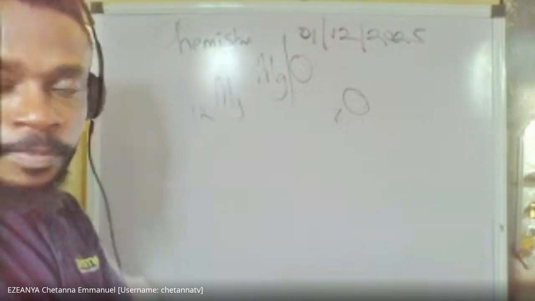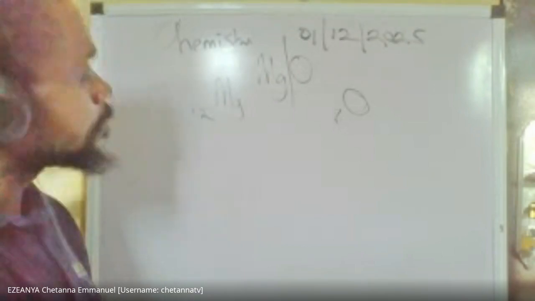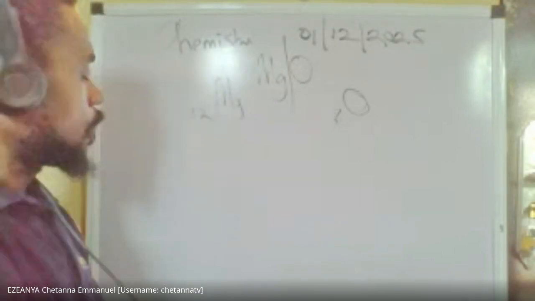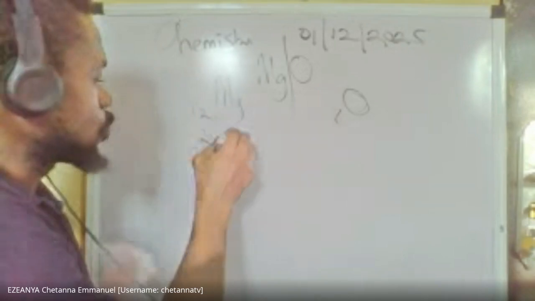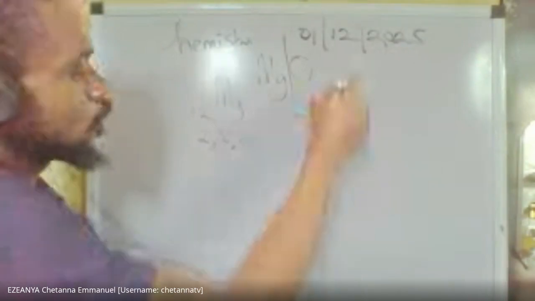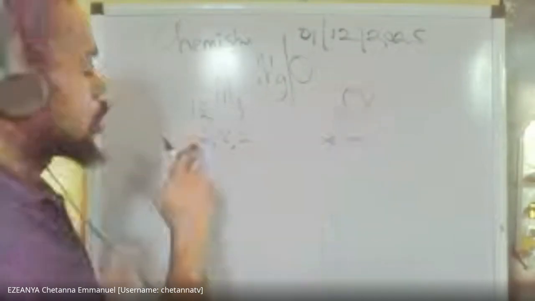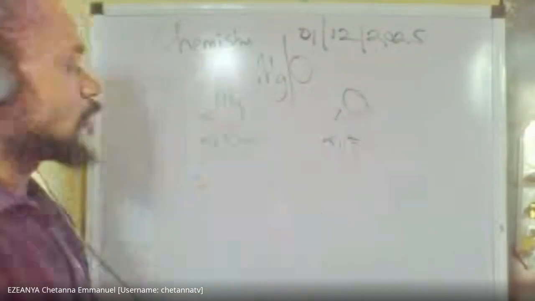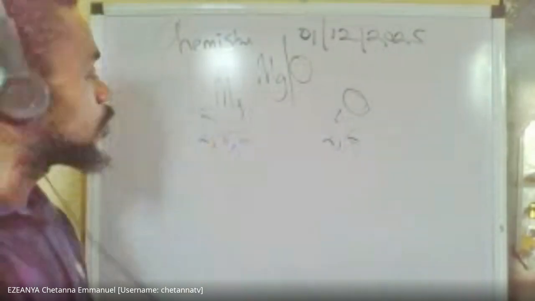Okay, let's continue. So you can see on the board, this one is configuration 2, 8, 2. This one is 2, 6. 2 plus 6, 8. 2 plus 8, 10, plus 2, 12. So for magnesium at the outermost shell, we have 2 here.